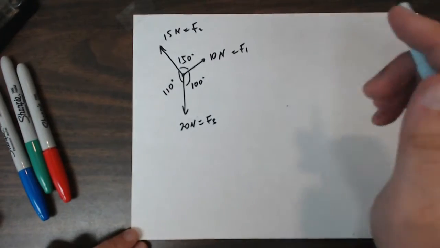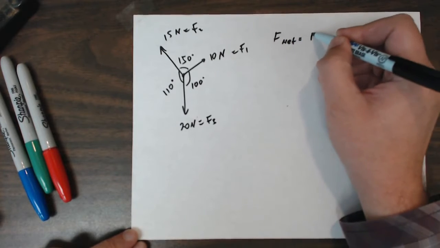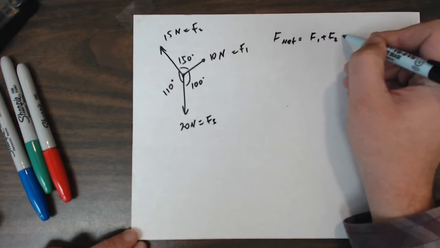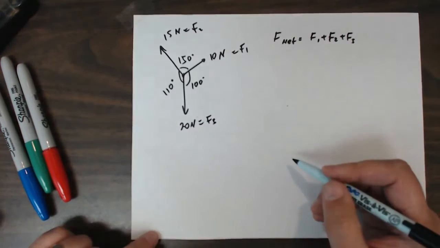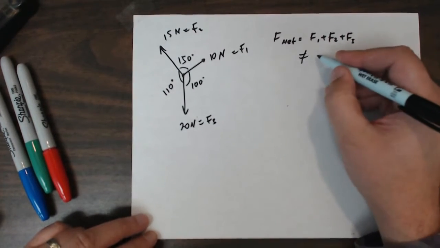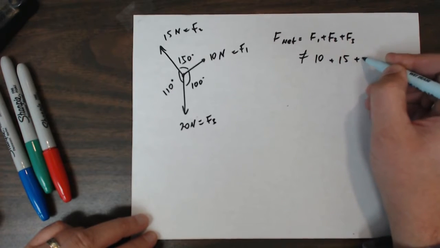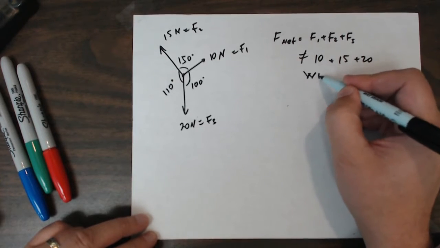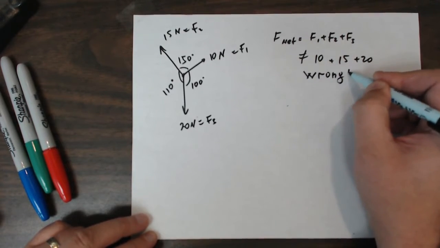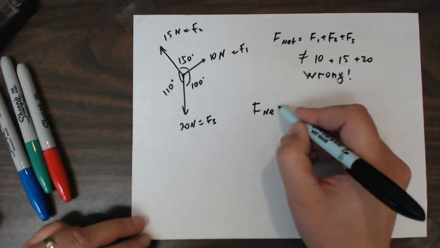Well, the net force is equal to the sum of all forces. We just have to remember when we write it like that, we don't mean adding magnitudes. That is wrong. This is what we mean.